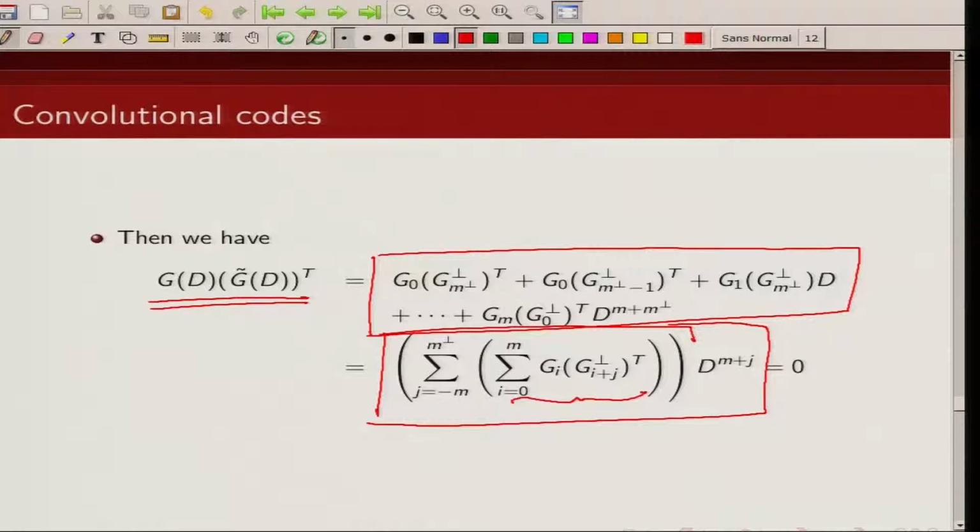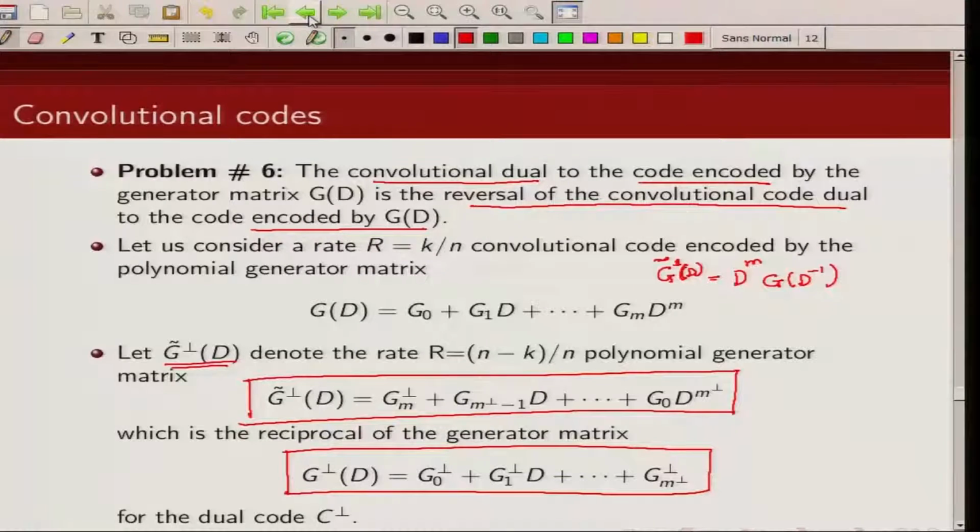So, this whole summation will also be 0. So, what we have shown is then the dual of this code which has generator matrix G is nothing but reversal of the convolutional code dual, because this generator matrix is nothing but a reversal of the generator matrix of the dual code of C. Okay.